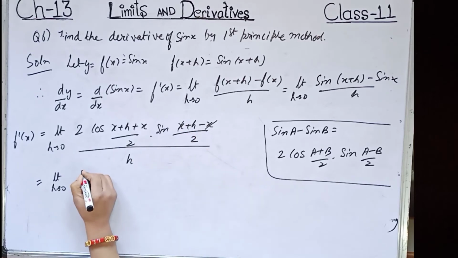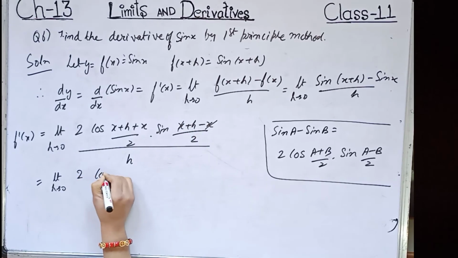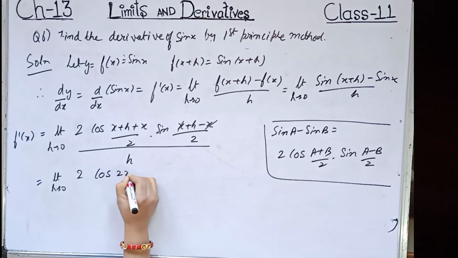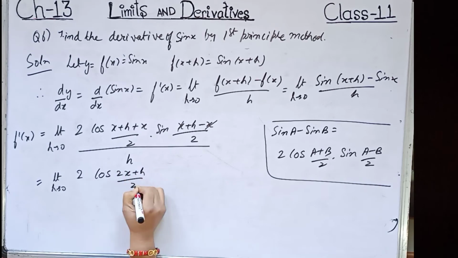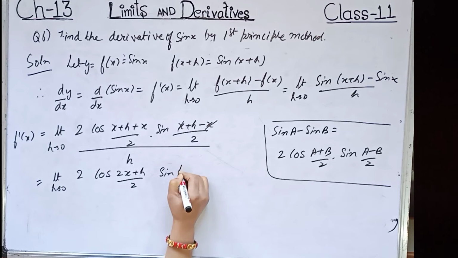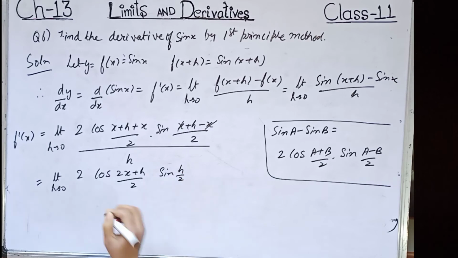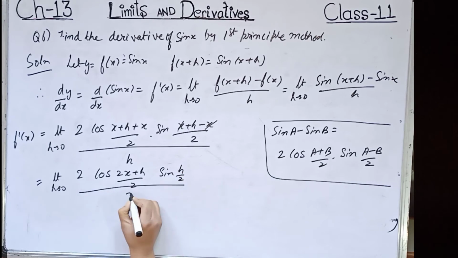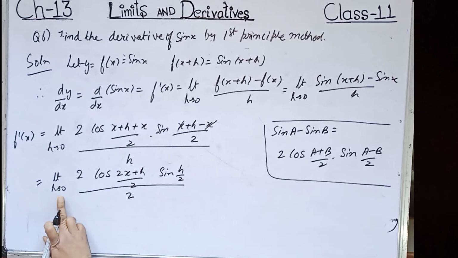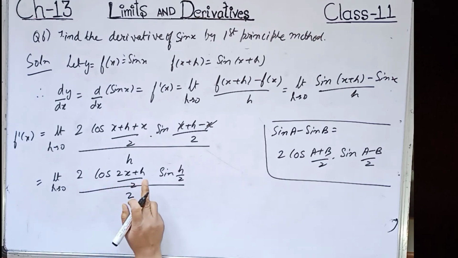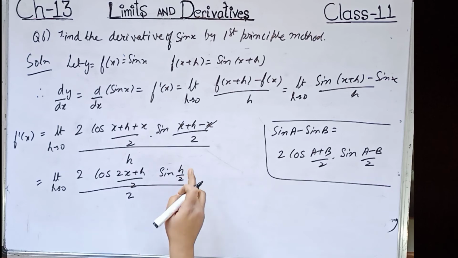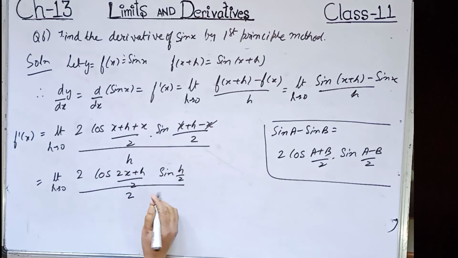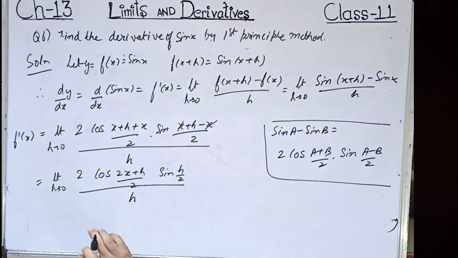This 2 is cancelled. So 2 cos of 2x plus h by 2 into sin of h by 2 divided by 2. Now over here if I put h equal to 0, then this will be cos x and this will be sin 0. Sin 0 is 0. So we will be getting an undefined form, 0 by 0 form.